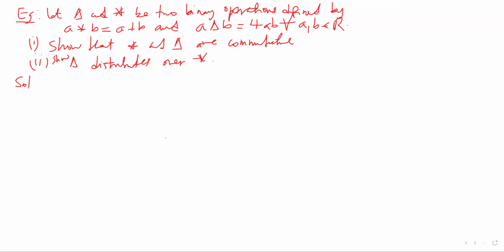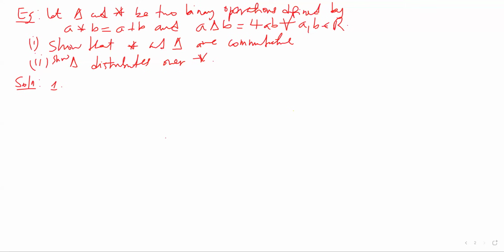So solution 1. If we start with A star B, of course, the first thing you should ask yourself is what is the commutative property, right?